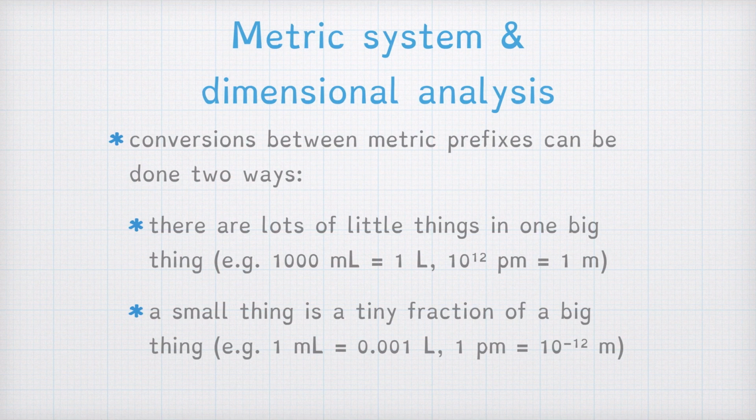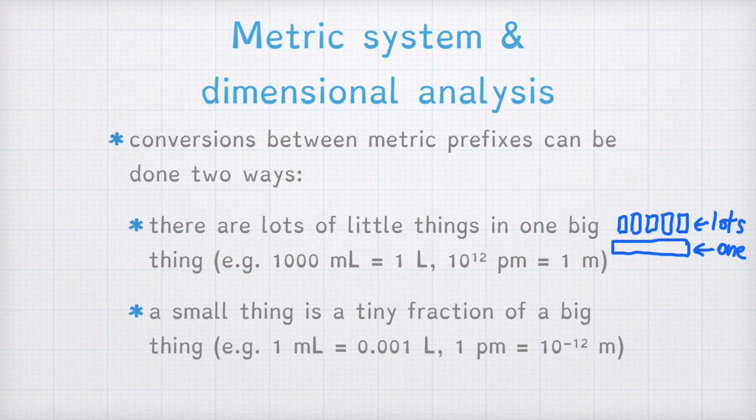One way to think about it is that there are lots of little things in one big thing. So if you think about like having lots of little centimeters or whatever in one big object, it's like you have lots of those in one of these.